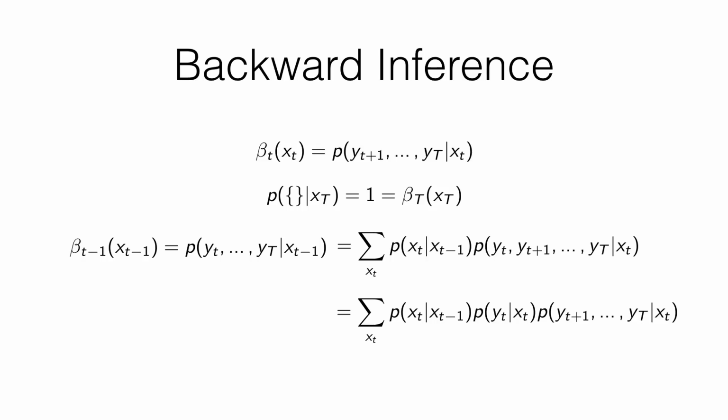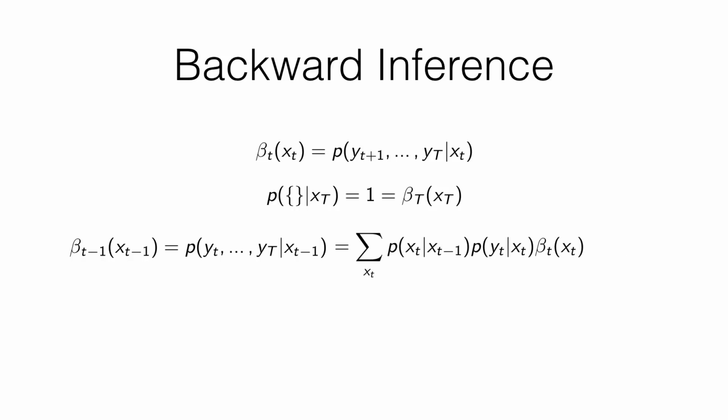And that is, by definition, beta of t. So we can plug that back in and we get this expression. We went through a couple of steps to see why this is true, but ultimately you just have a simple formula which is very analogous to the alpha update. We're essentially doing the propagation backwards.